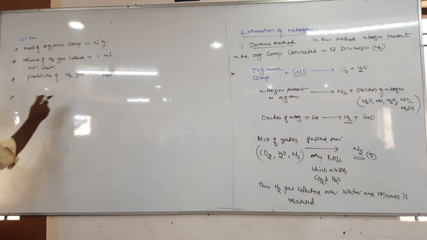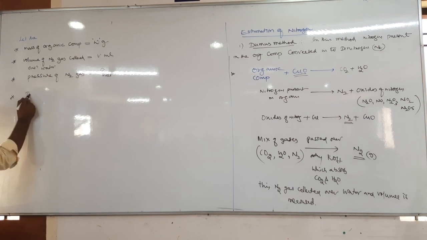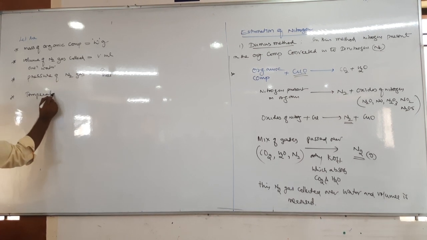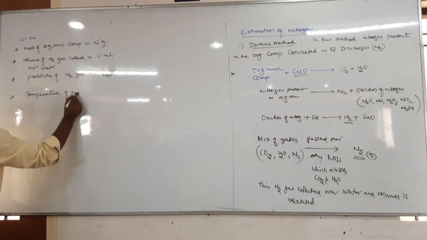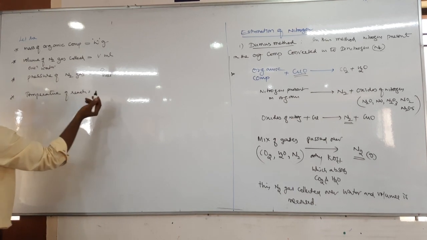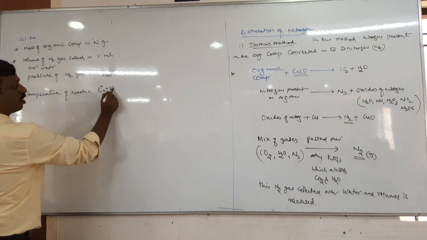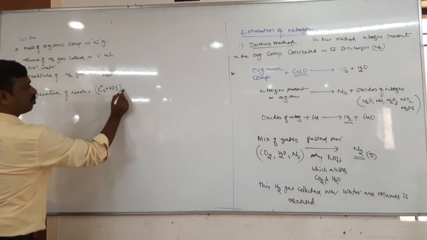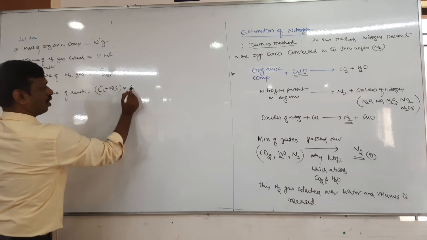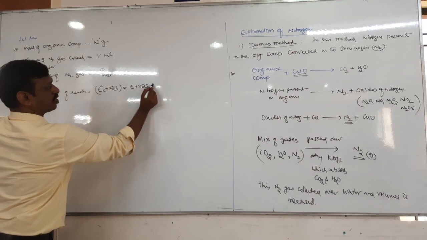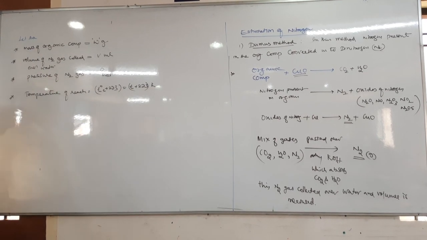Next is temperature. Let us take temperature of reaction as T degree Celsius, but we should convert into Kelvin, that means T plus 273 Kelvin.